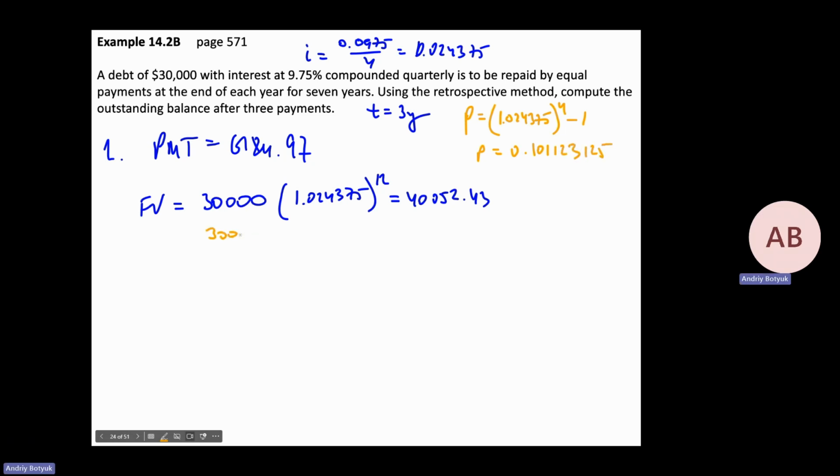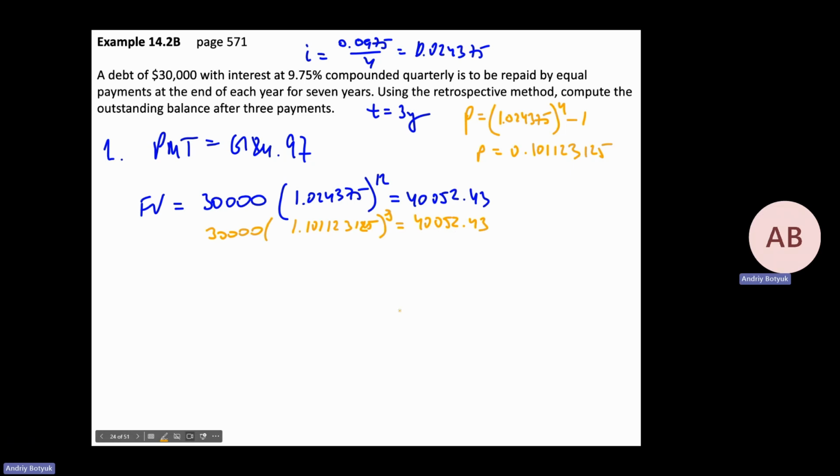If I use P, that is the yearly compounded interest rate, right? No, 3. Oh, 3 years. So what is that? And believe it or not, I have the same answer. And it's no wonder, because those two are equivalent interest rates, right? P and I are equivalent interest rates. P compounded yearly, I compounded quarterly. Does everybody understand that?